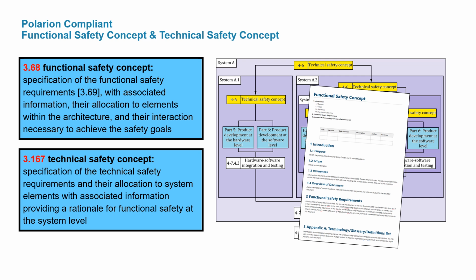The technical safety concept is also a specification of the technical safety requirements and their allocation, but it is the technical requirements that fulfill the concept and so must be at the functional safety of the system level.